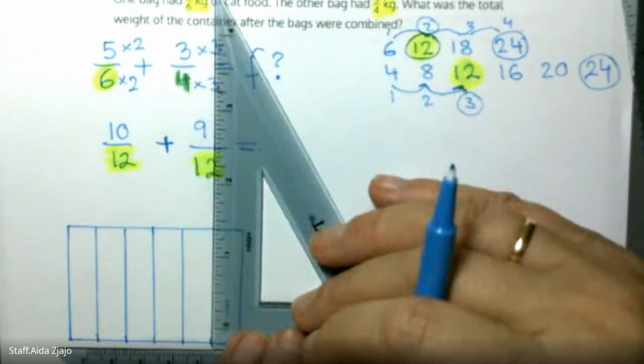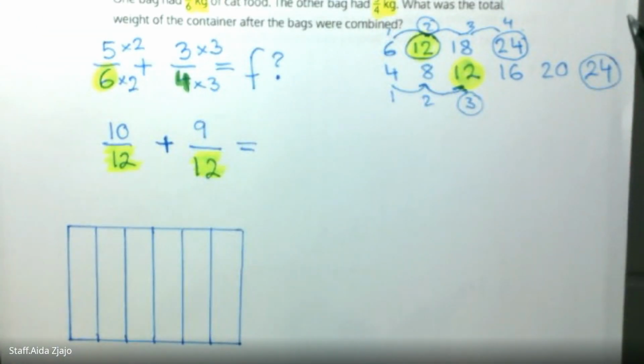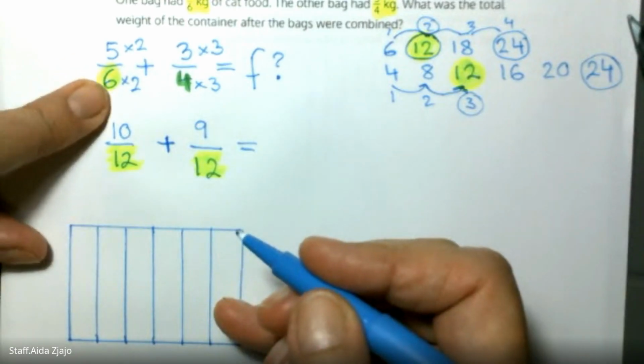Okay, there we go. Now I have one bag that shows me sixths.